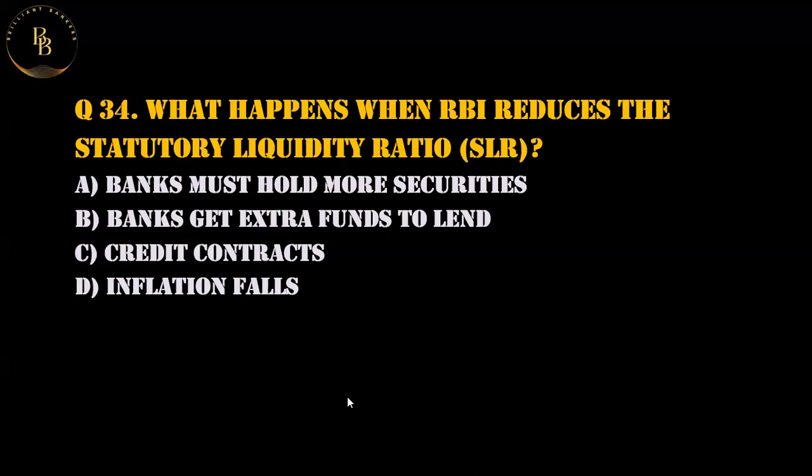SLR is a fund wherein each and every bank should have a certain amount with RBI. Whenever RBI reduces it, the banks get extra funds to lend. Lower the SLR, more lendable resources. So that's an expansionary stance. Whenever banks have more money to lend, that's the best time.